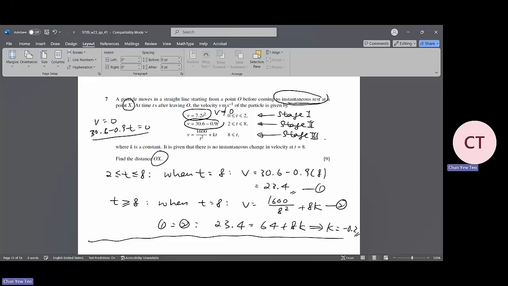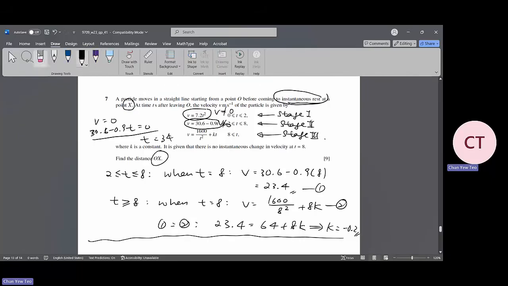Actually, your t is quite big. Let me check. 30.6 divided by 0.9, 34. So that means in this stage v cannot be 0. The only possibility for v to equal 0 will happen at the third stage. This is something you need to know.